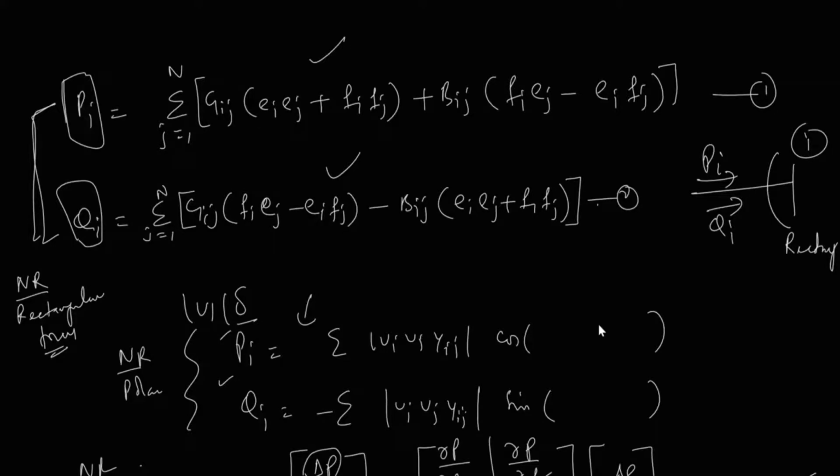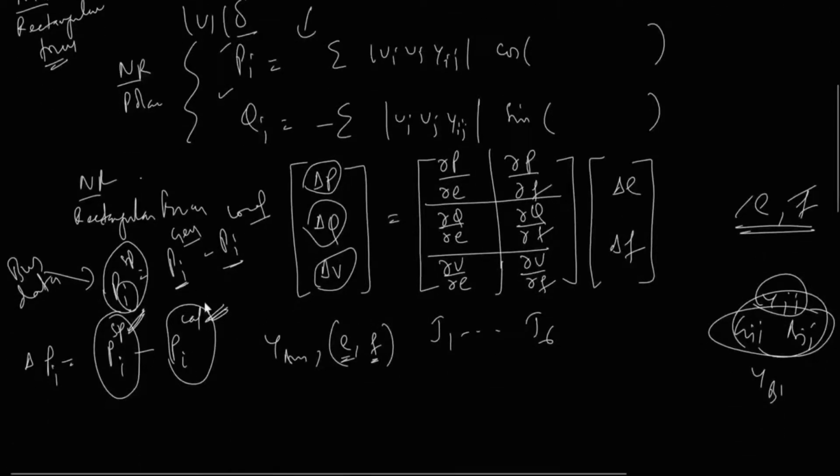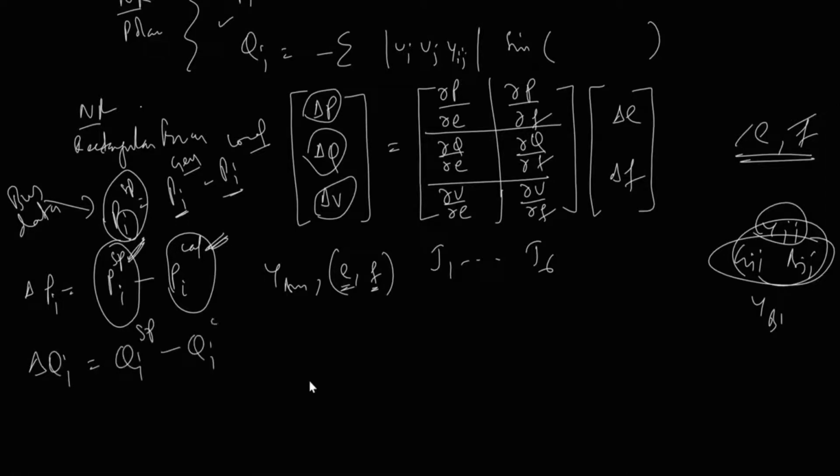These two are net power injections, real and imaginary. So I use that P equation to calculate this power injection, and I compare with the specified quantity and take the difference.